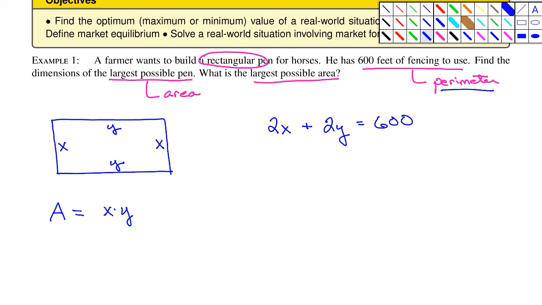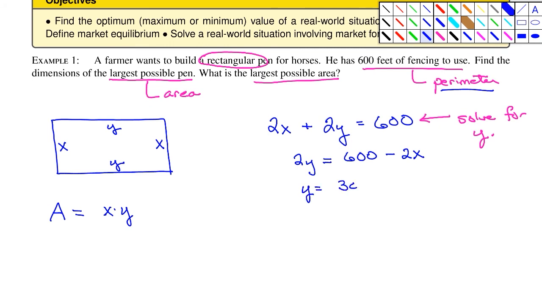So the key here is to solve this original equation. And I'm going to solve it for Y so that all that remains are the X's. And so first I'm going to move the 2X to the right side. And then I'm going to divide everything by 2.